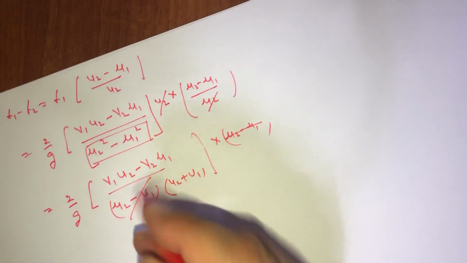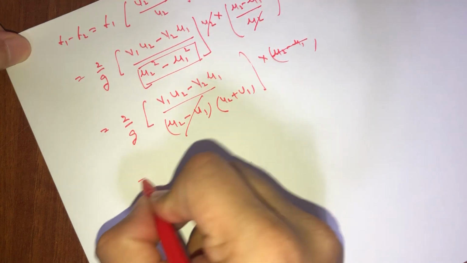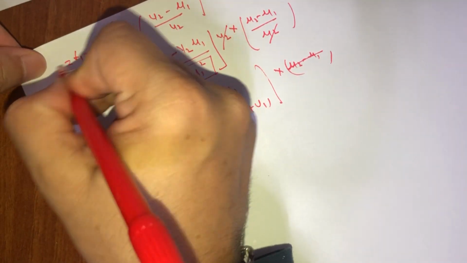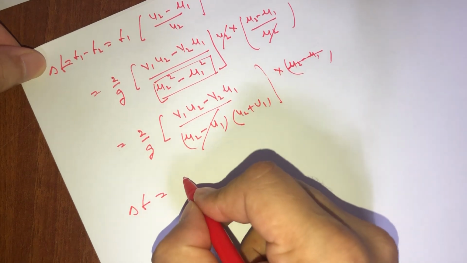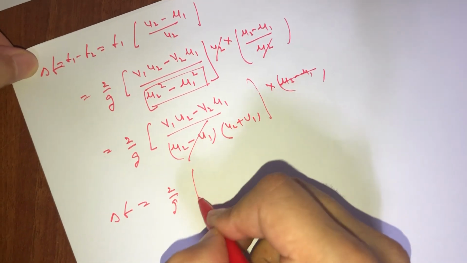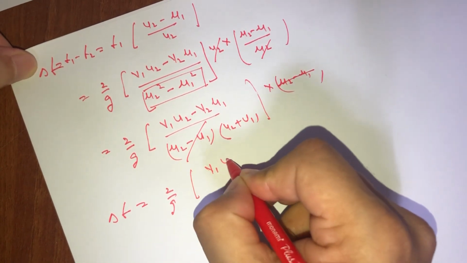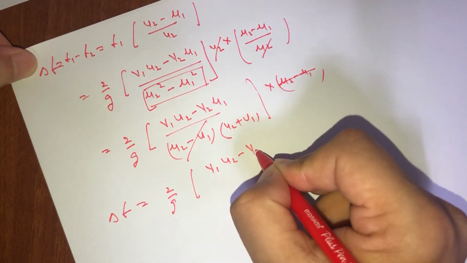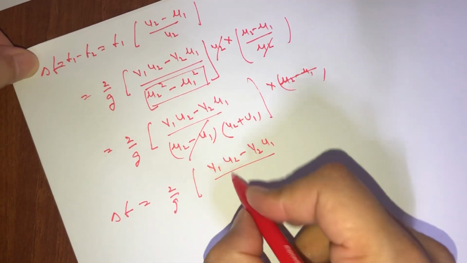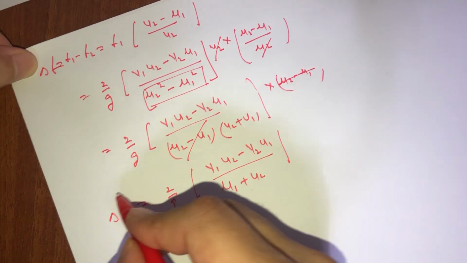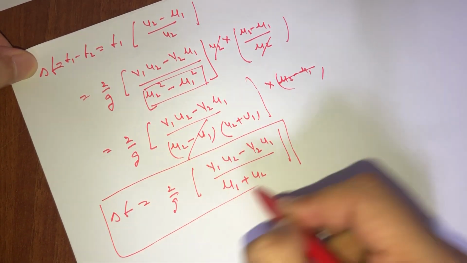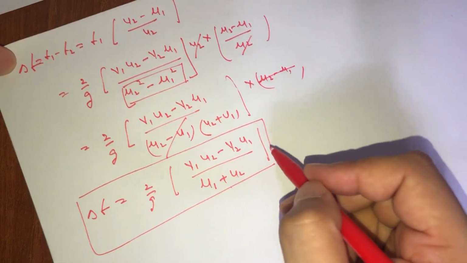This cancels out. So the difference in the time, represented by delta t, is equal to 2 by g times v1 u2 minus v2 u1 divided by u1 plus u2. This is the final answer that we had to prove. Thank you.